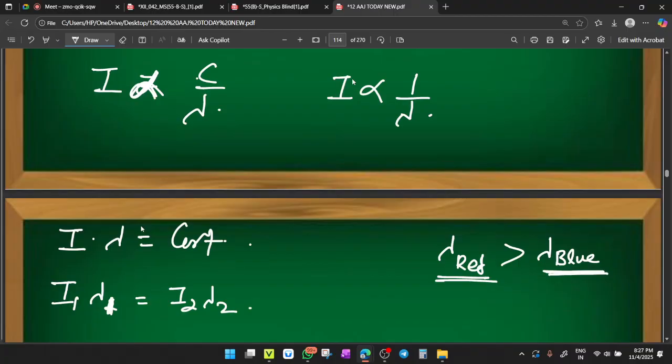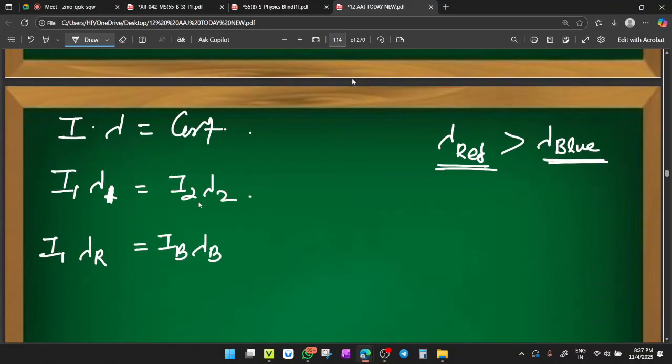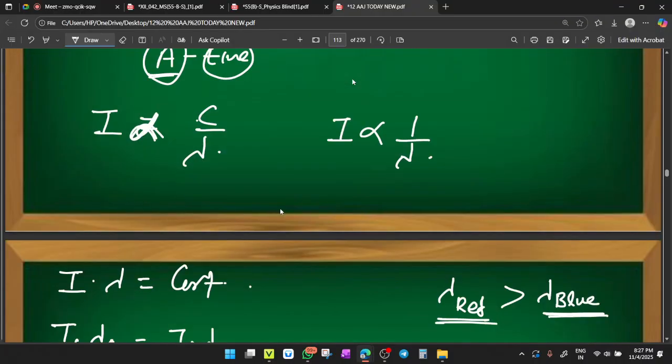So make a relationship: I1 upon I2 is equal to lambda 2 upon lambda 1. Clear, students?